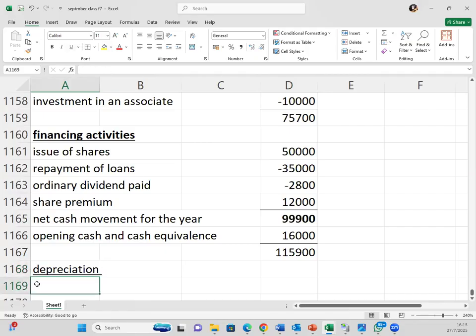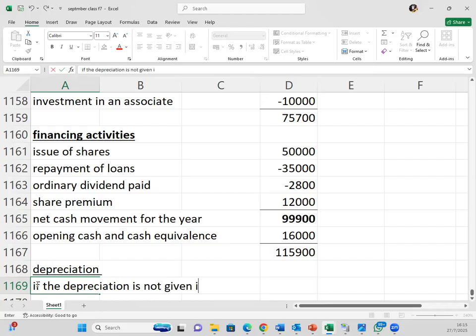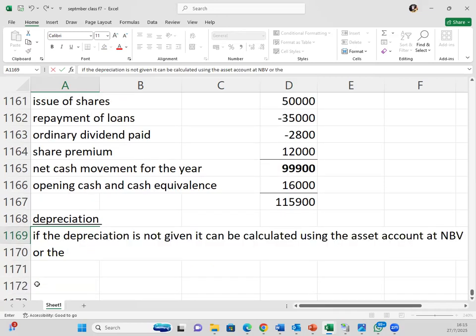If the depreciation is not given, it can be calculated using the asset account at net book value, or the provision for depreciation account.